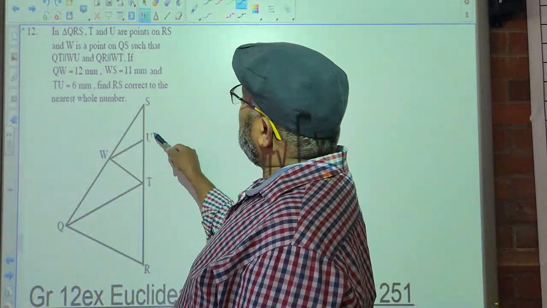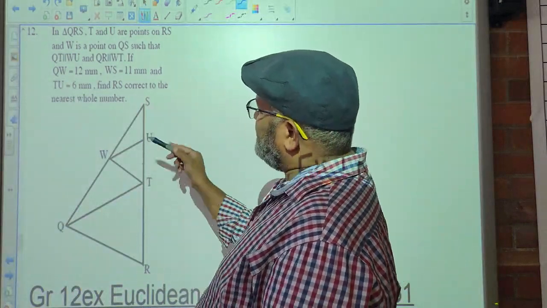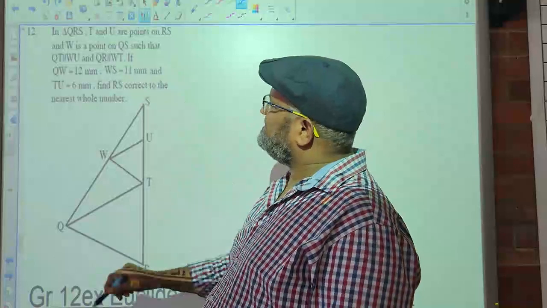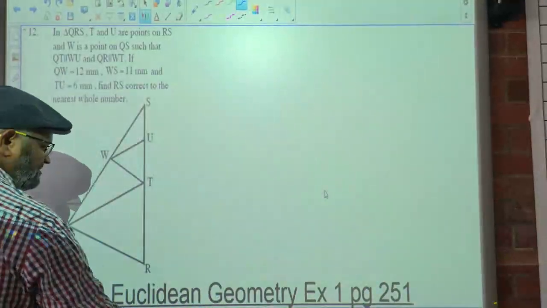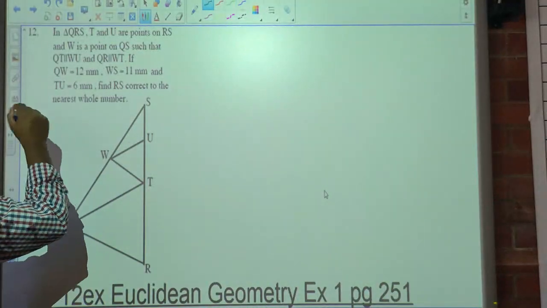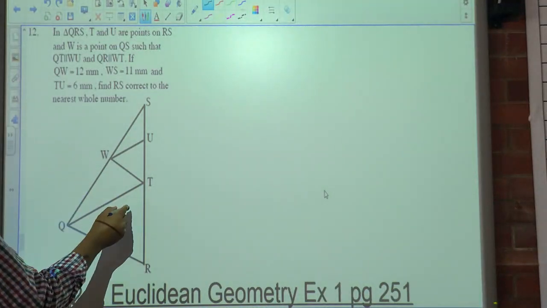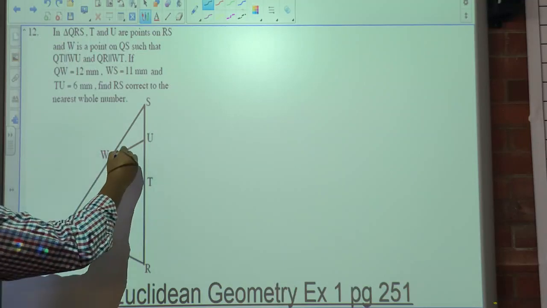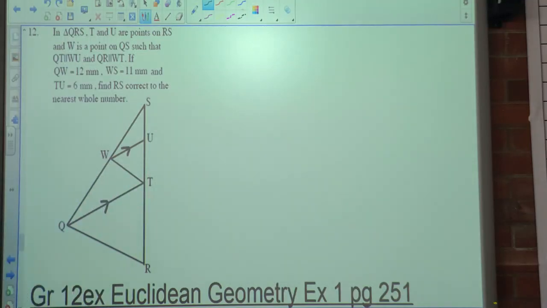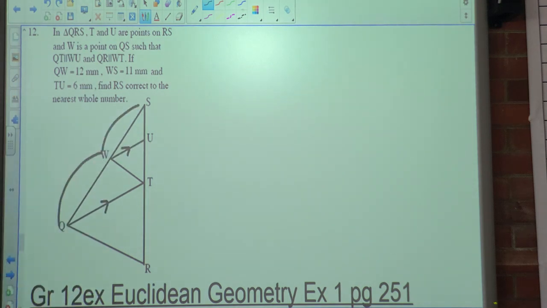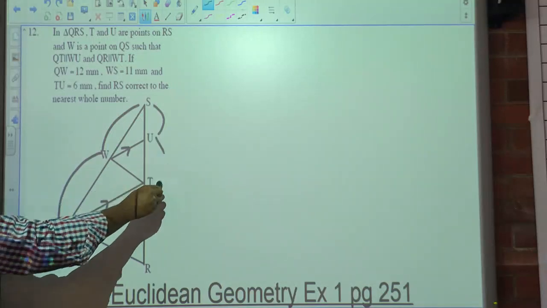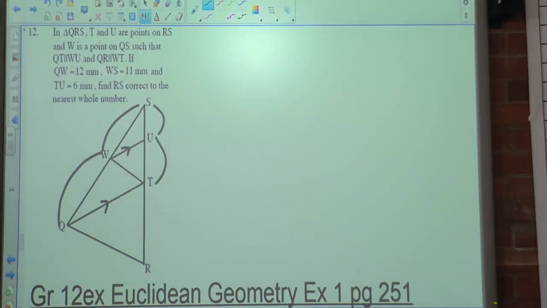T and U are points on RS with W on QS, such that TQ is parallel to WU. People, if those lines are parallel, what do we know? SW over SQ is equal to SU over ST. You all agree with that?